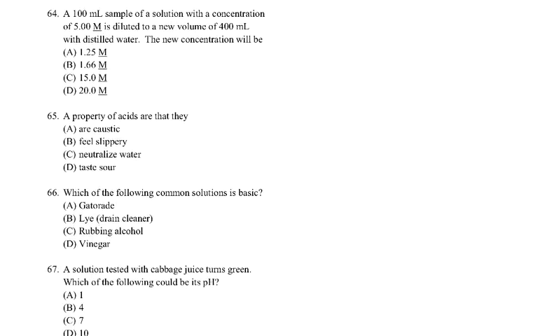64. A 100 milliliter sample of solution with a concentration of 5 molar is diluted to a new volume of 400 milliliters. The new concentration will be. Okay, so this is a very straightforward dilution problem, and the dilution formula is volume times molarity before you dilute it is equal to the volume times the molarity after you dilute it.